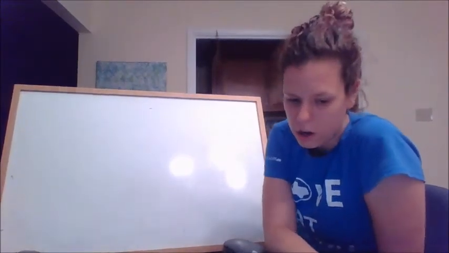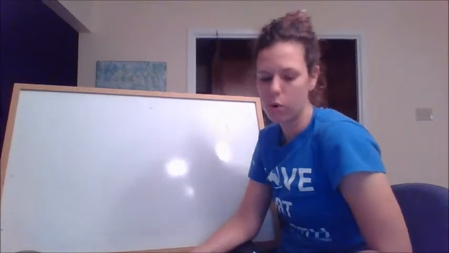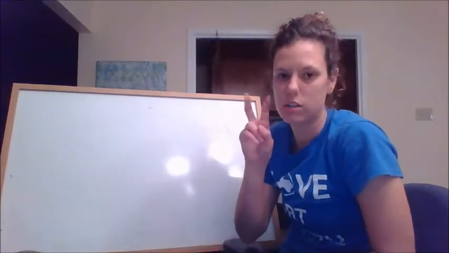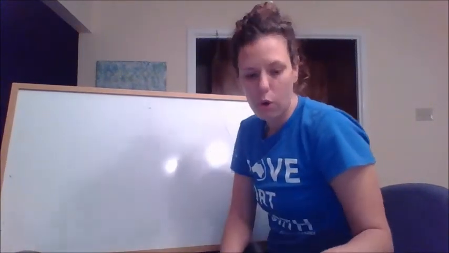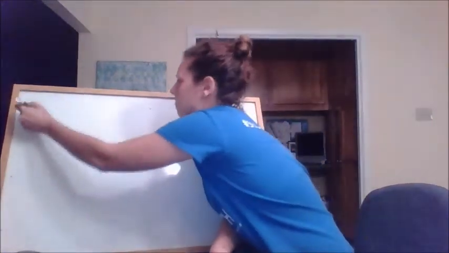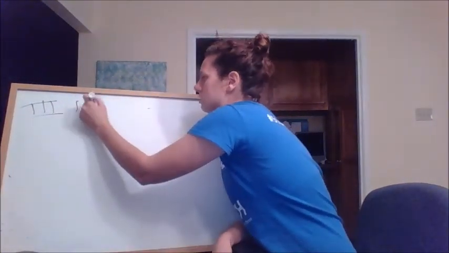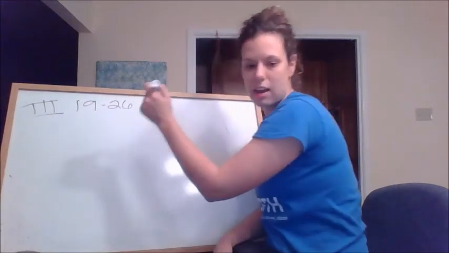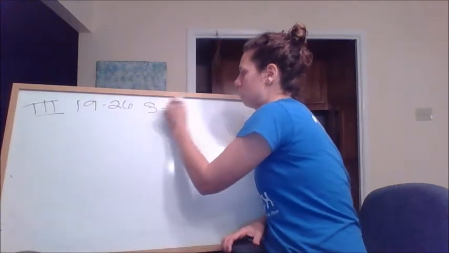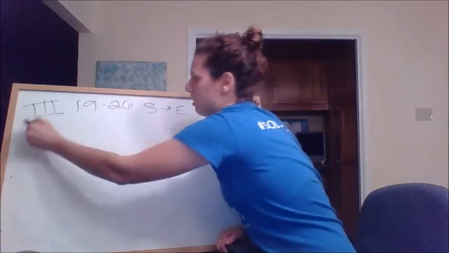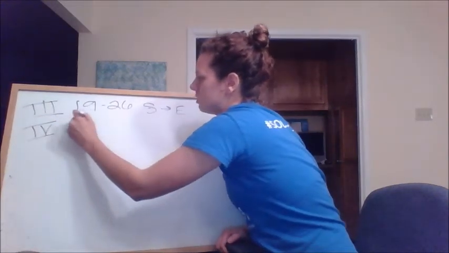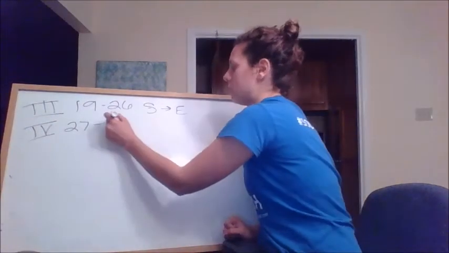So then part 3 and 4 are translation, it's vocabulary. So part 3 is 19 to 26. And that is Spanish to English. And then part 4 is 27 to 34.